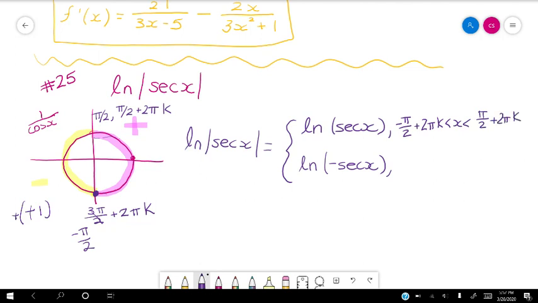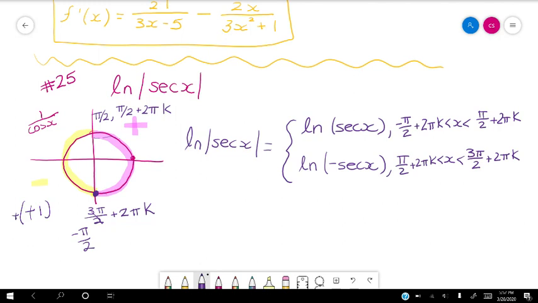Okay? And then when we hit this spot up here, we're going to switch to our other rule because cosine is going to be negative. So now x is going to be between pi over 2 plus 2 pi k, less than x, less than 3 pi over 2, just kind of going around the circle, plus 2 pi k.